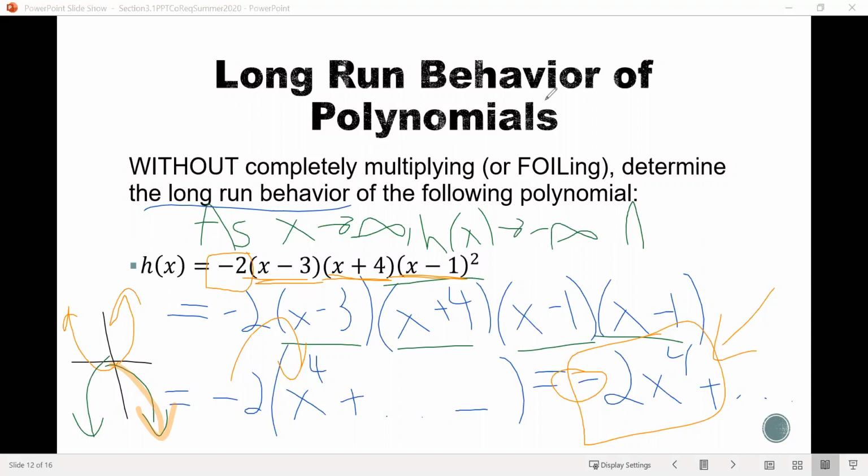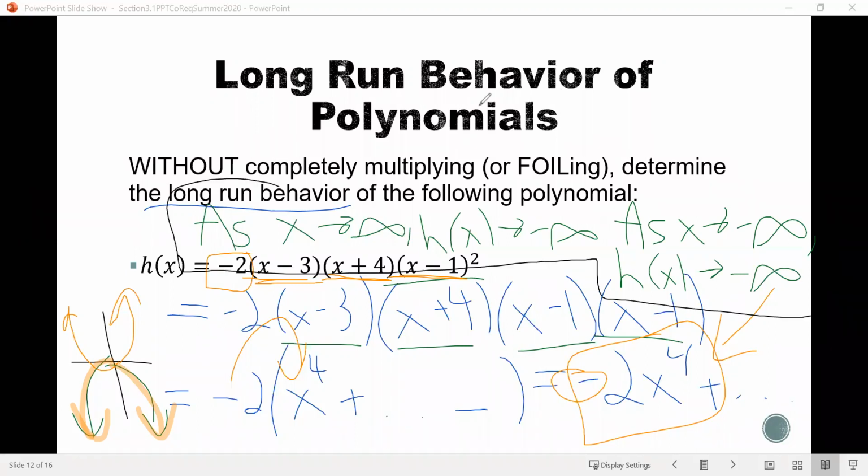And then as the inputs there go towards negative infinity, so going the other way, like that, we also see that the outputs, the h of x's, are going towards negative infinity. Okay, so that would be our answer there. So this polynomial would have the long-run behavior of a reflected, even-powered power function. All right, thank you guys for watching. That's all for now.